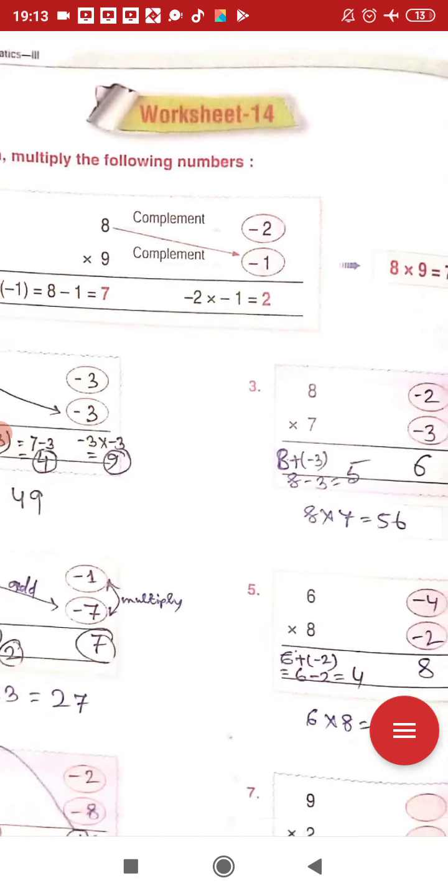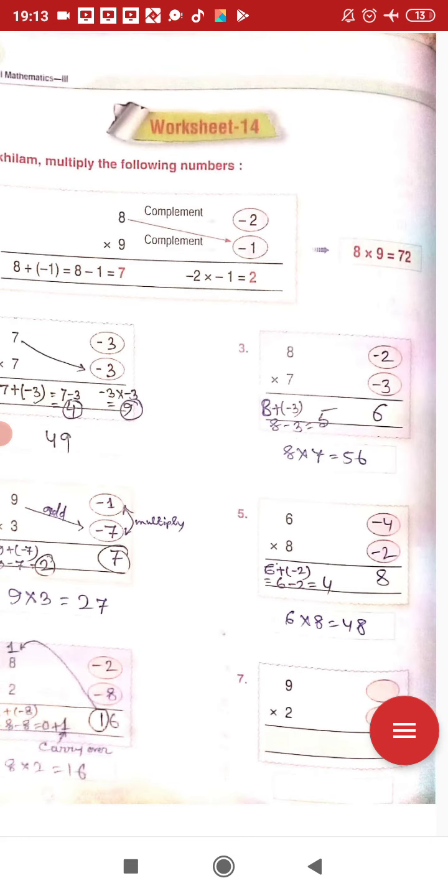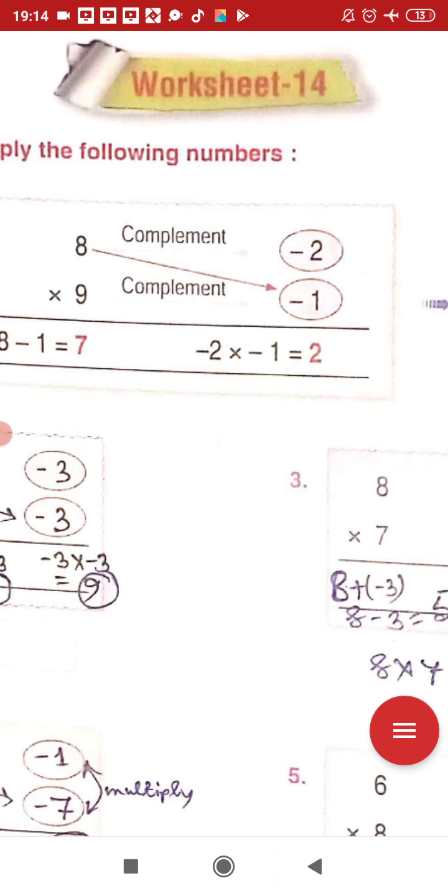Now here, diagonally, we can add a number with the NIKHILAM of the other number. Suppose, let's take 8. Just consider 8, that is the number. So diagonally we need to add.